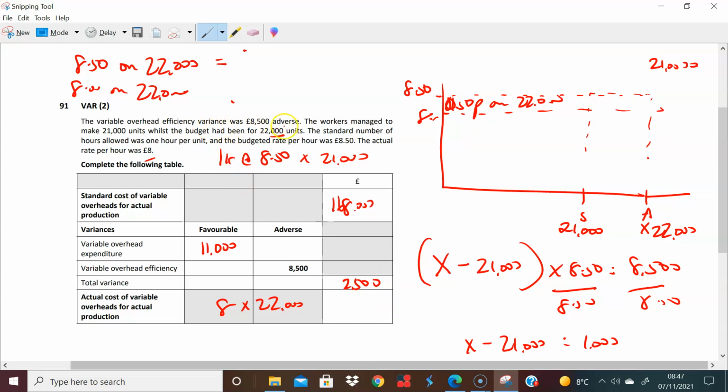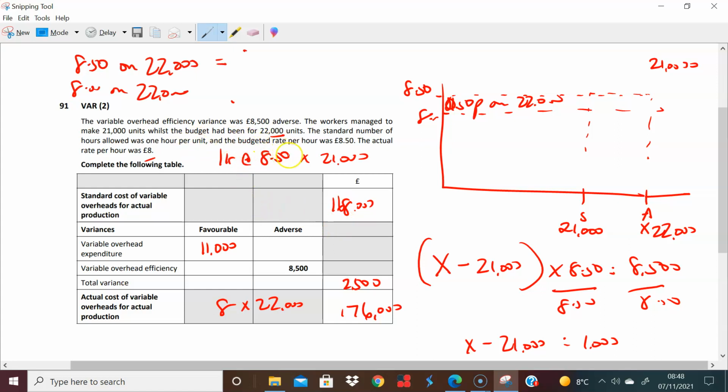Let me just see where I have a slight error here. It might be my maths. The actual rate was £8 an hour, and I've got 22,000 hours, so 8 times 22,000 is 176,000. Let me be careful here.